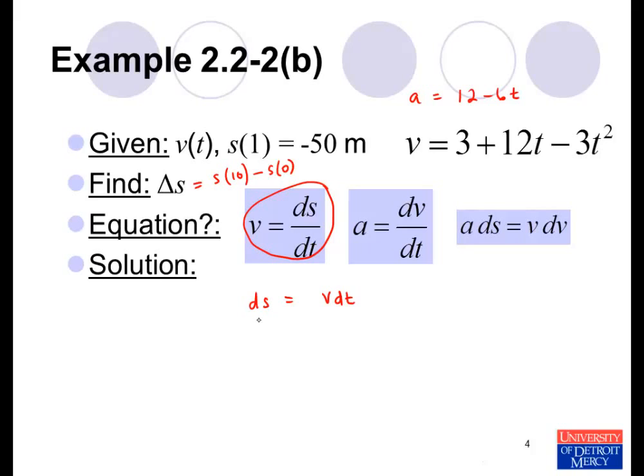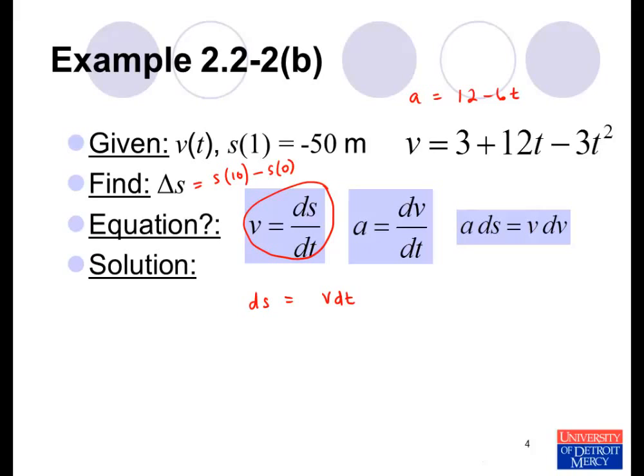Right now I have an expression for a differential. I don't want a differential element of position or change in position. I want the whole expression for position, or the whole displacement. And so I need to add up all of the differential elements. To get the total change in position, I need to add up all of the small differential changes in position.